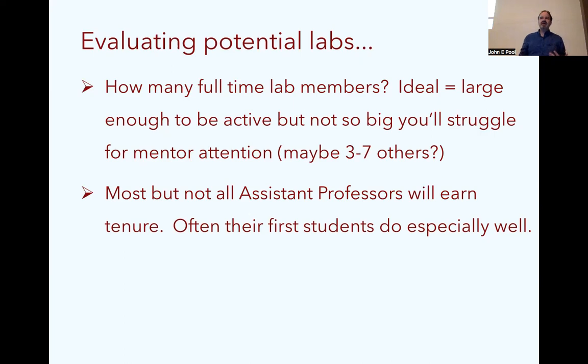So these faculty have not achieved a guarantee of long-term ongoing employment at the institution. They will apply for tenure. The vast majority of them will succeed, but some minority of them won't. So that's something to think about.